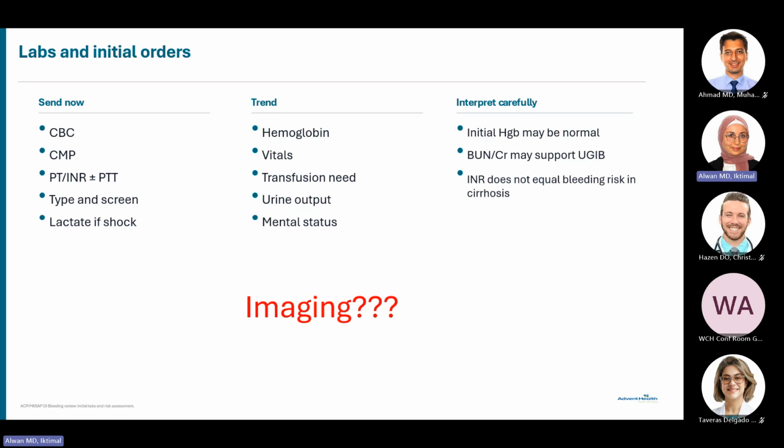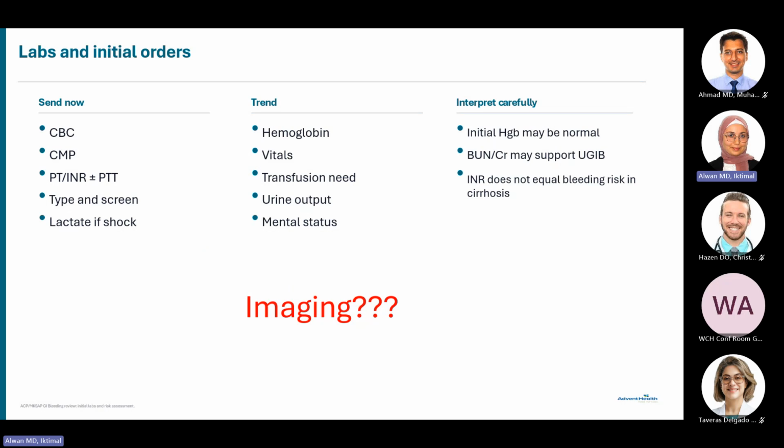So we discussed the labs, and how frequently do we need to trend hemoglobin? So it really depends, right? How stable the patient is. It's anywhere from Q2 to Q12. Usually Q2 to Q4, that patient probably is in the ICU. Q8 to Q12, if the patient is not hemodynamically unstable and not actively bleeding, and anything else is Q4 to Q6 hours.